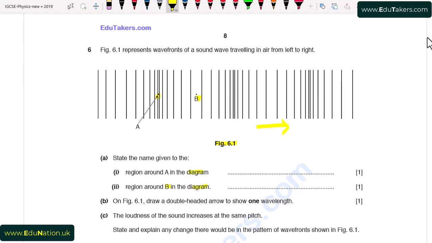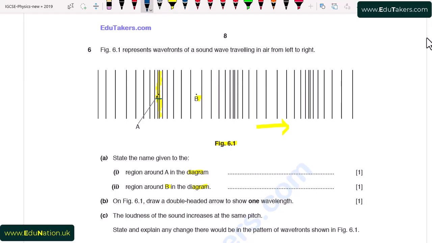So in the figure 6.1 we can see that there are 2 points A and B. We can see that point A is located where the wavefronts are very close to each other, and it's a longitudinal wave that consists of 2 parts, compression and rarefaction.